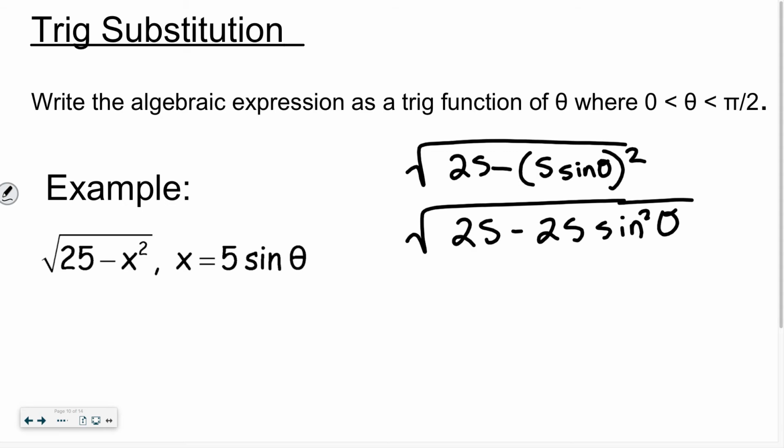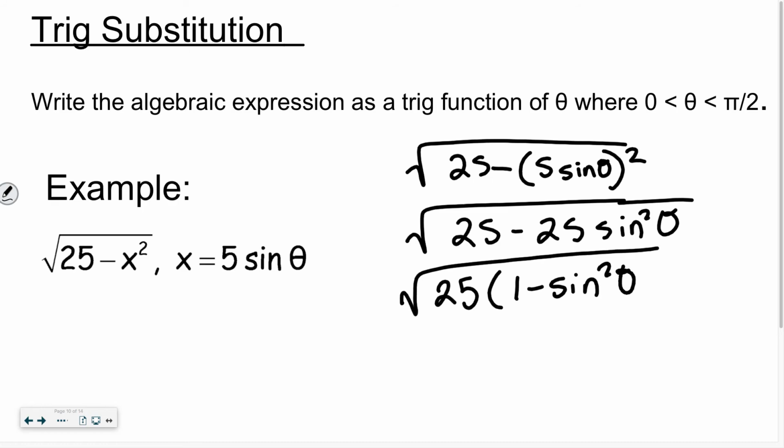And the most common mistake would be for people to square root right now. Not allowed, okay, because of the plus or minus. But they both have 25. So if I factor out a 25, then I'm left with 1 minus sine squared theta, which is a Pythagorean identity. So this is 25 cosine squared theta.